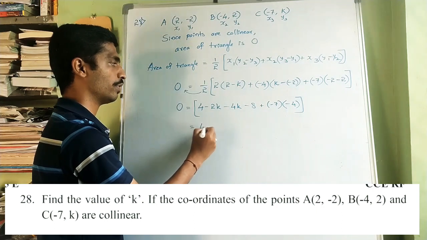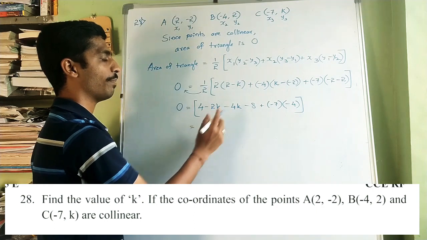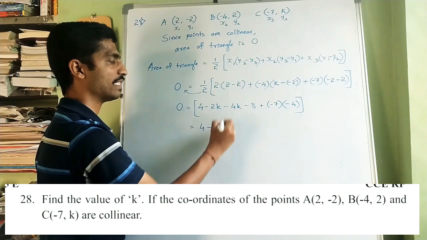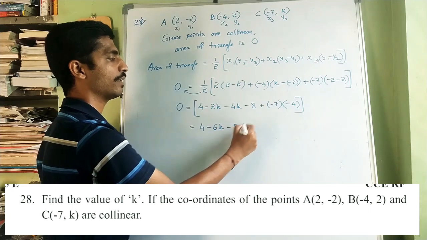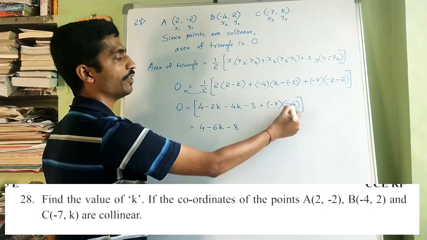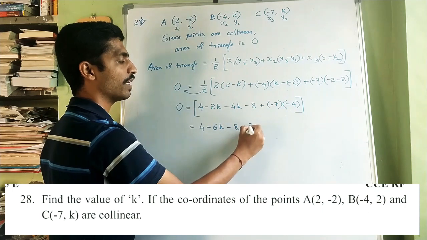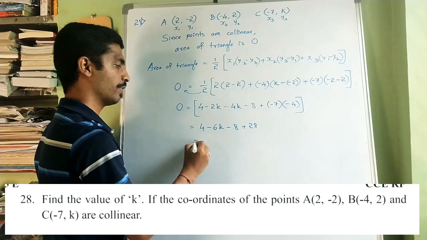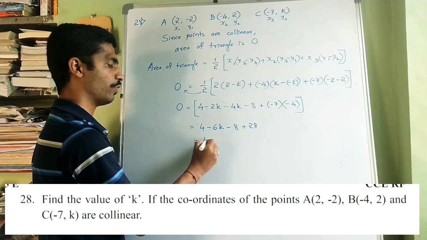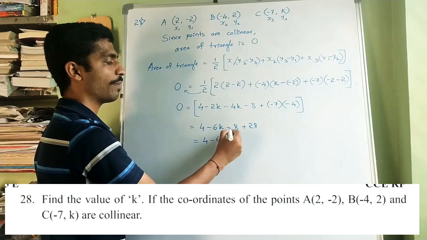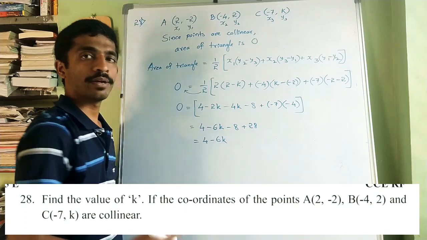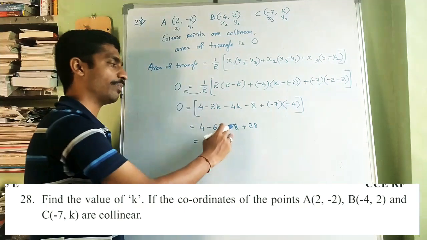Now 4 minus 2k minus 4k, it becomes minus 6k, minus 8. Here minus 7 into minus 4 becomes plus 28.